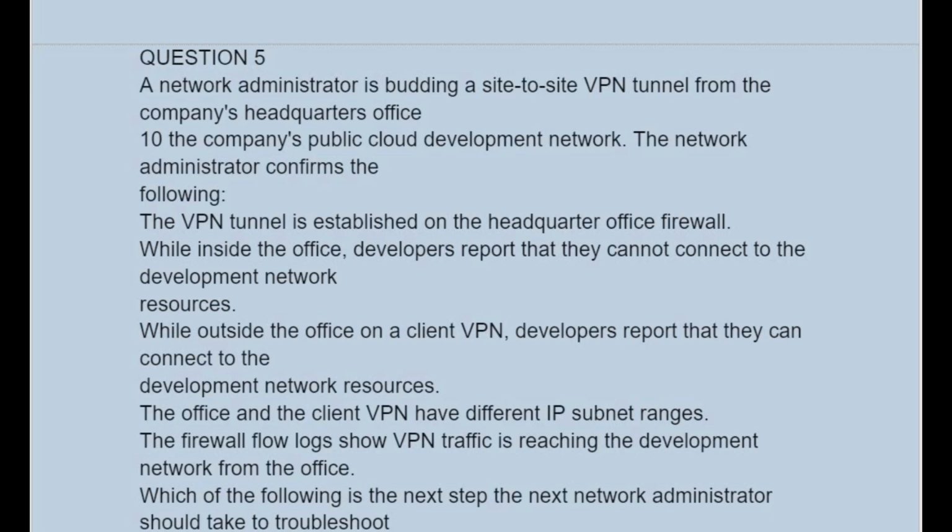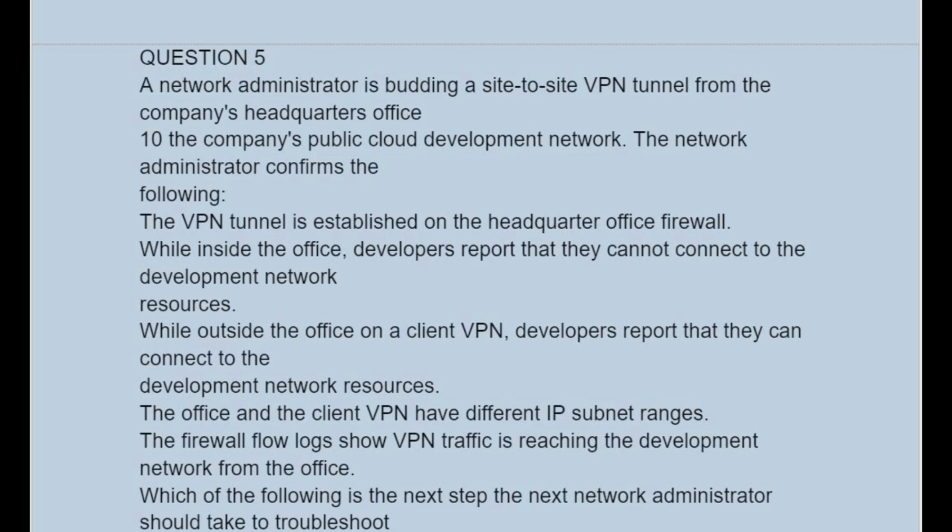Question is, a network administrator is building a site-to-site VPN tunnel from the company's headquarters office to the company's public cloud deployment network. The network administrator confirms the following. The VPN tunnel is established on the headquarter office firewall. While inside the office, developers report that they cannot connect to the development network resources.